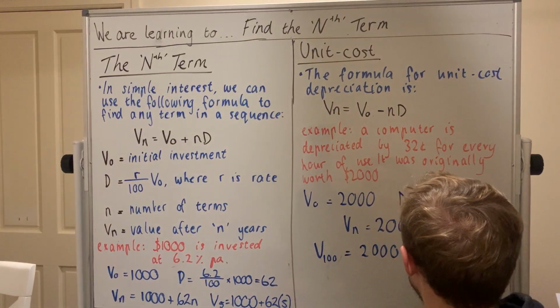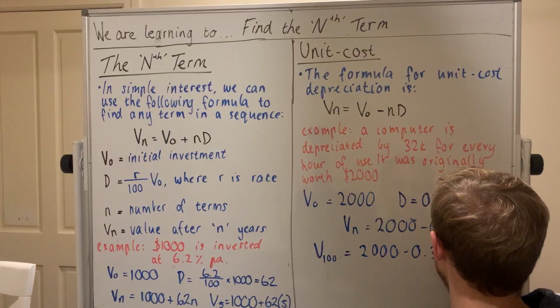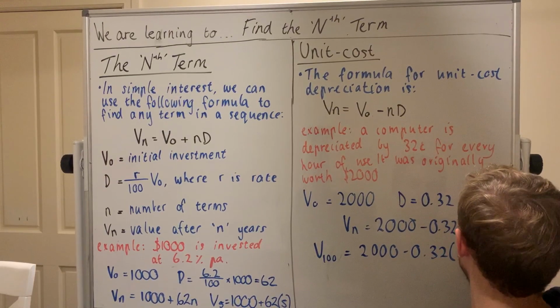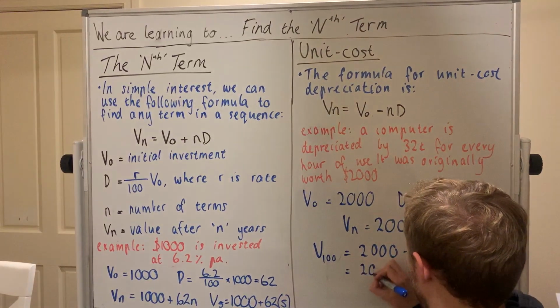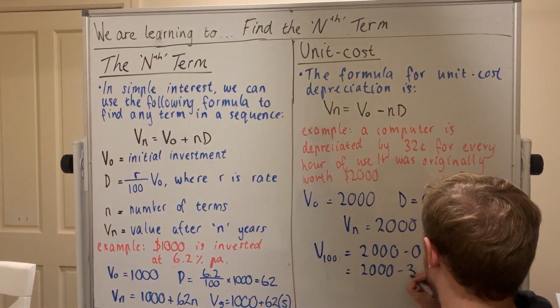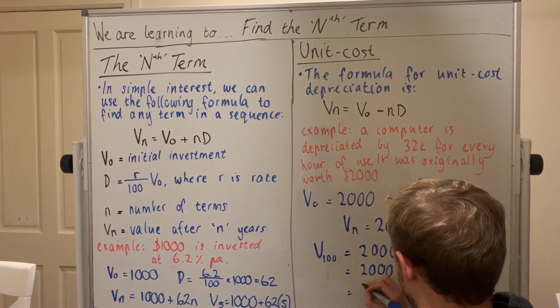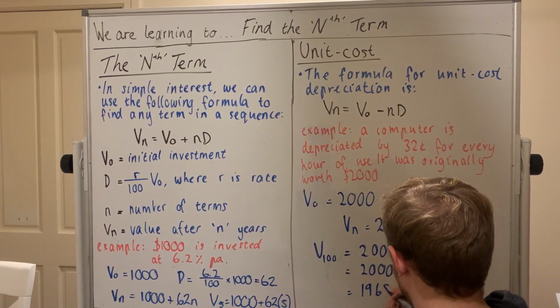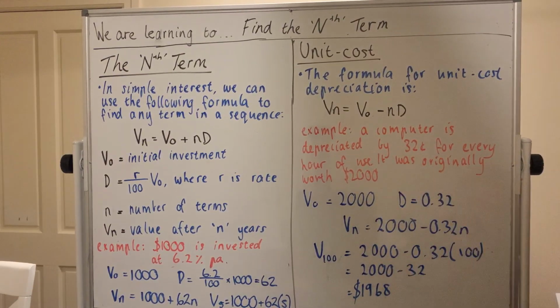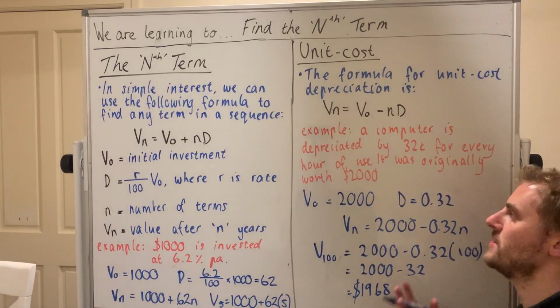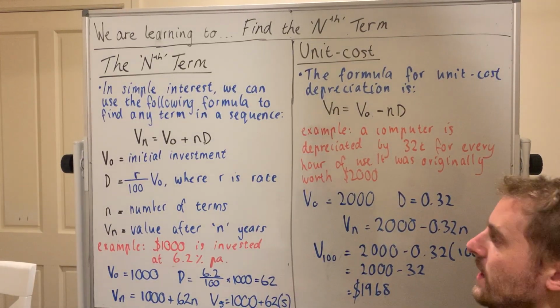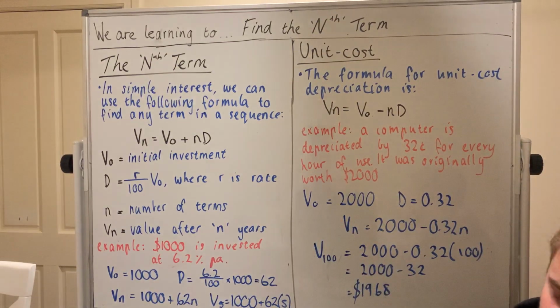Alright, 2,000 minus 0.32 times 100. That's $1,968. So it's much more efficient this way to work out terms that are further down the track, so to speak.